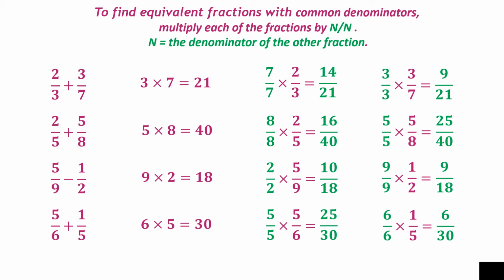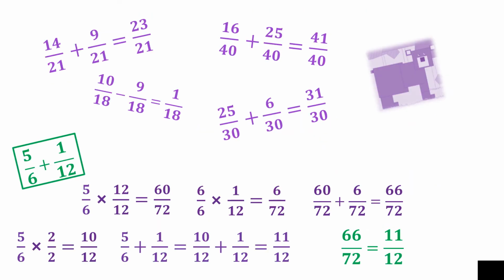So we're adding 25/30 to 6/30. This really is quite simple. Bear got the answers of 23/21, 41/40, 1/18, and 31/30. Good job, Bear. But let's look at something else.